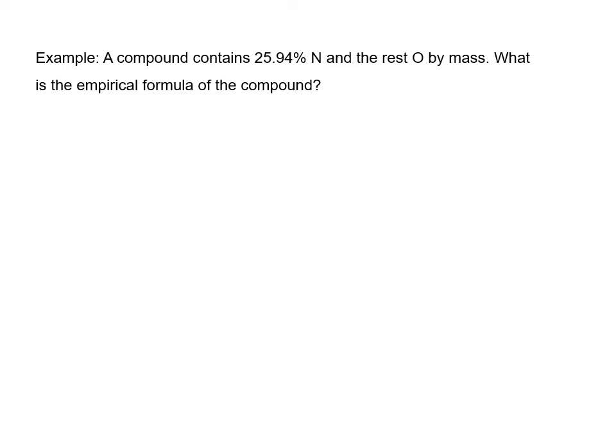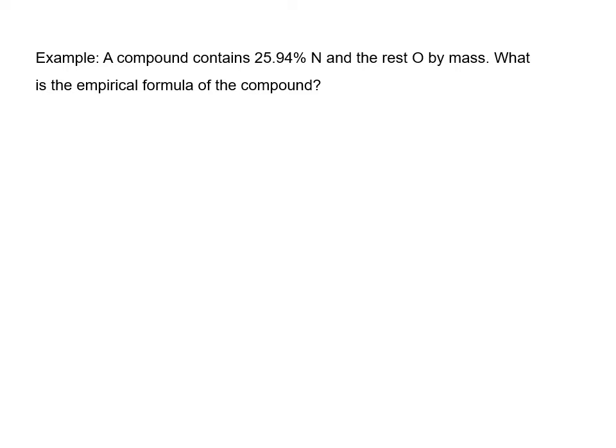All right, so let's go ahead and look at this example. A compound contains 25.94% nitrogen and the rest oxygen by mass. What is the empirical formula of the compound? So notice that here we're only given the percent mass of one of our substances, not both of them. The two, though, add up to 100%.